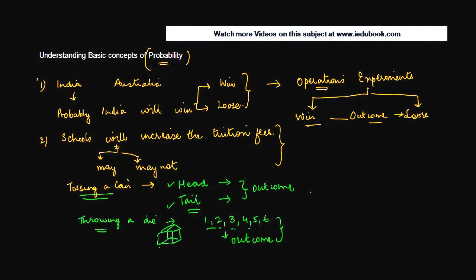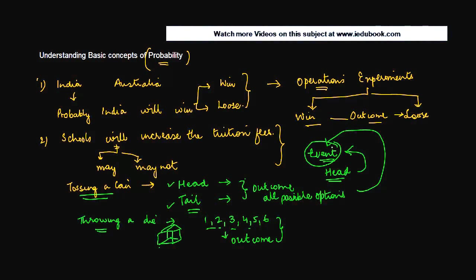Related to this is the concept of event. So let's say you toss a coin and head comes up. So coming of head is an event. Outcome is basically all possible options, whereas occurring of one of these options is known as an event.